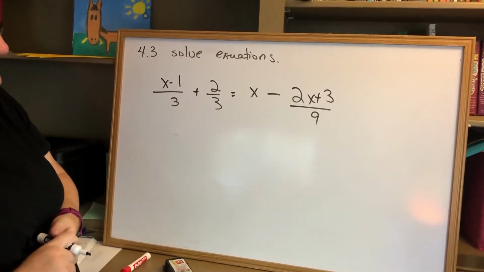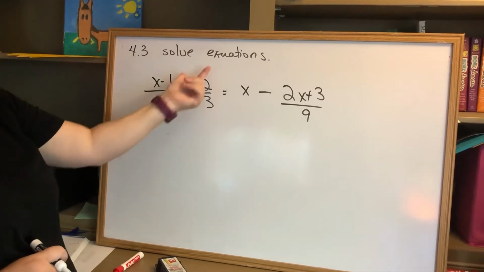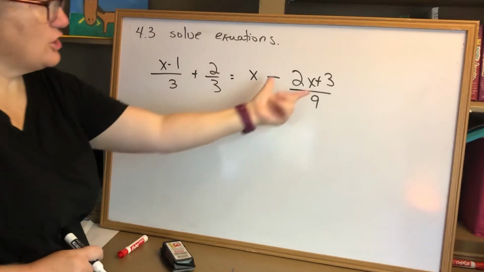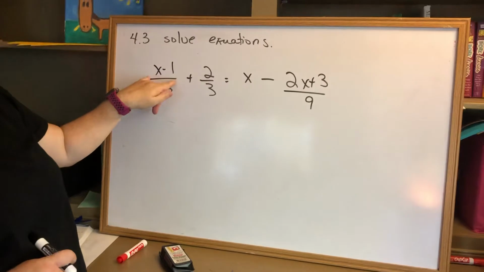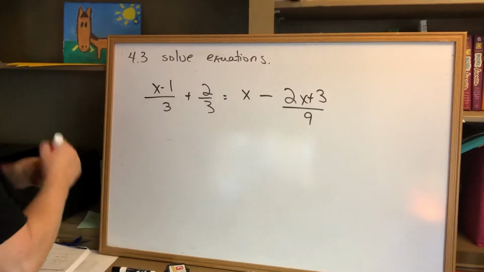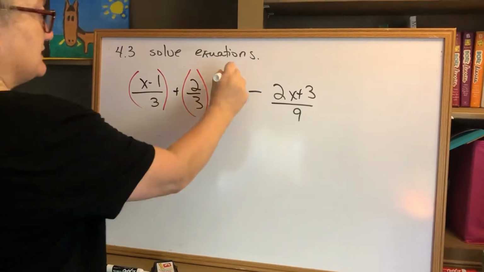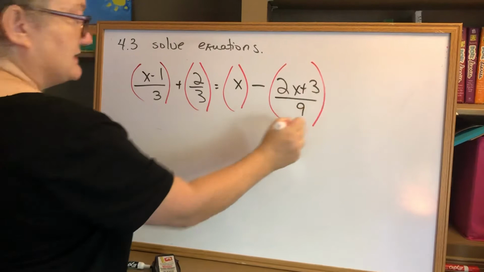So y'all make your guess. We have 1 term, 2 terms, 3 terms, 4 terms. These fraction bars glue this whole thing together. So this right here is one whole term. This is a term, this is a term, and all of this is a term.